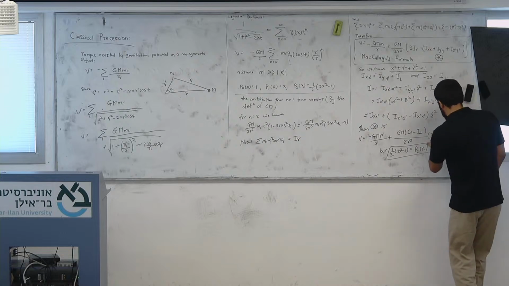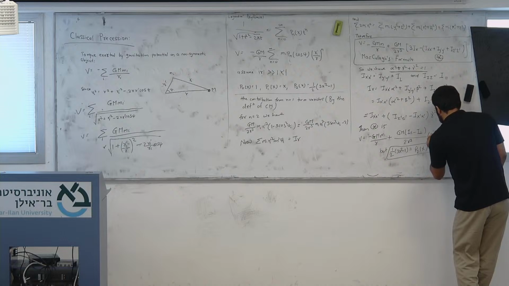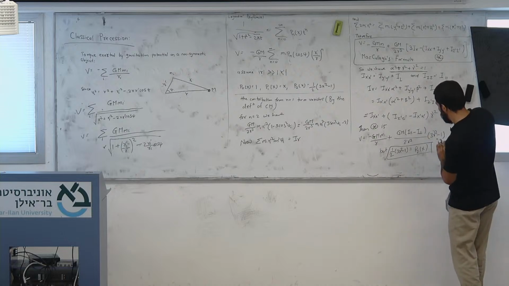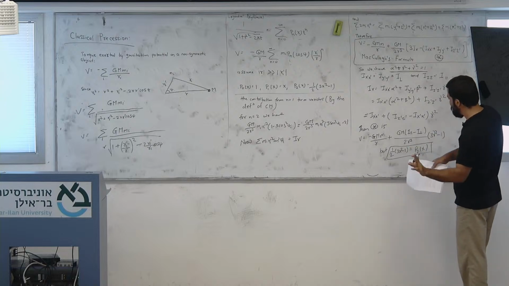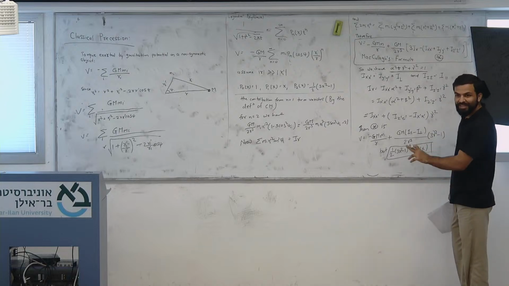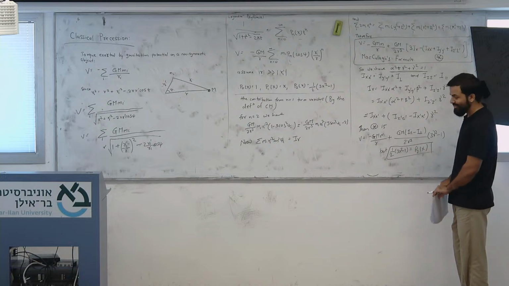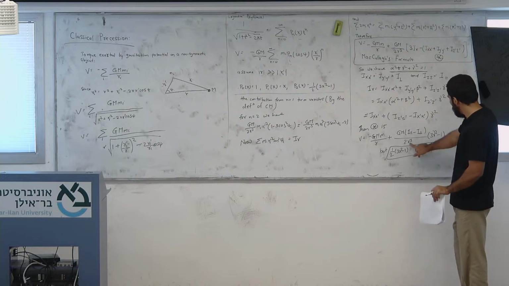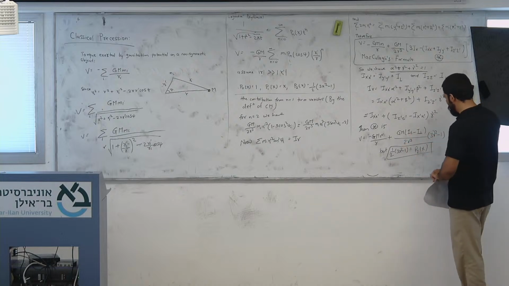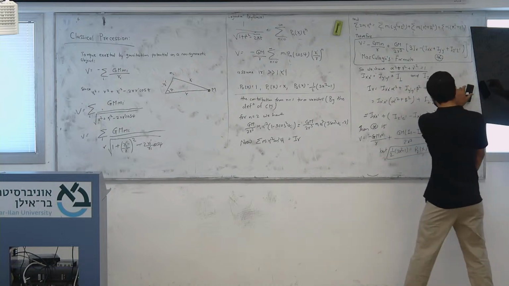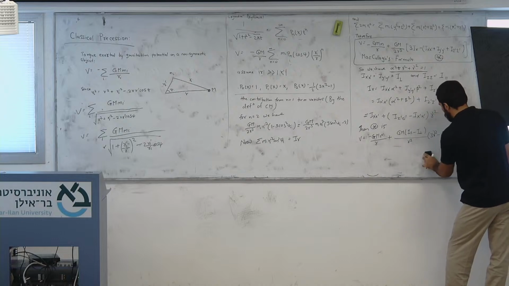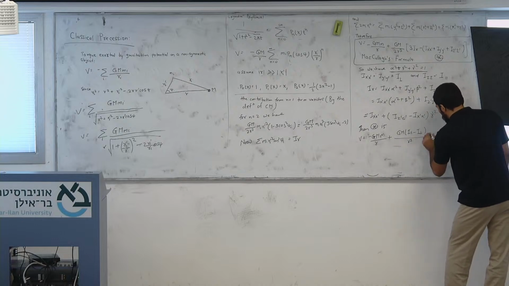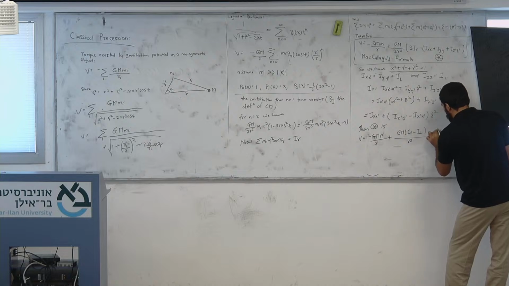Don't confuse them. Yeah, I'm not going to confuse, but the problem is you people might confuse. So this is R, this is gamma. Sorry for my writing. So what I'm going to do is, since I know that this is equals to this, I can write this as P2 of gamma.